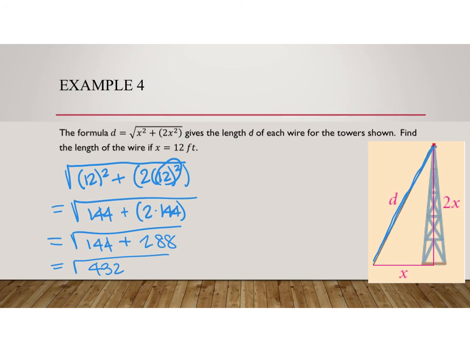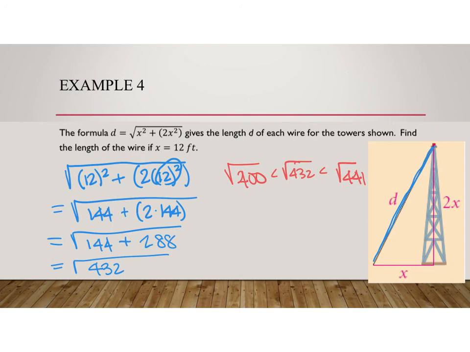432. Now, if you find yourself memorizing some of these perfect squares, I personally know that the square root of 400 is a perfect square, just like the square root of 441 is a perfect square. And so because 432 falls in between, I can say the square root of 432 falls in between 400 and 441.